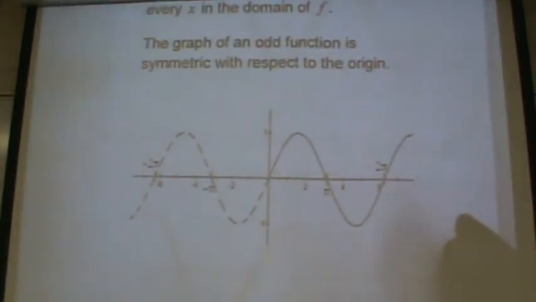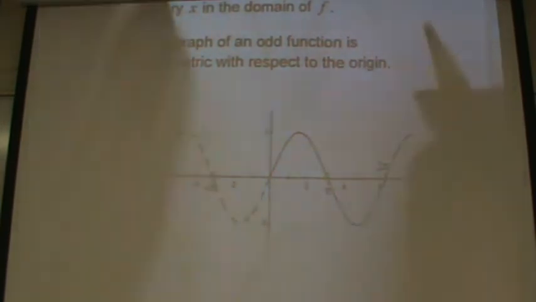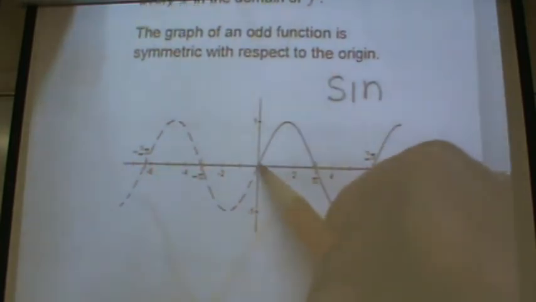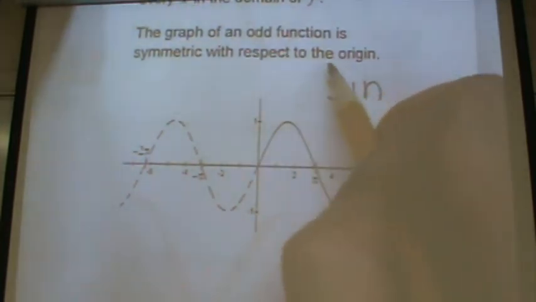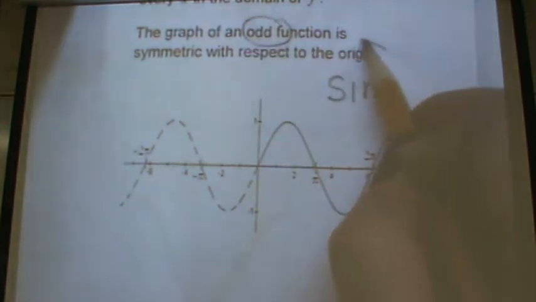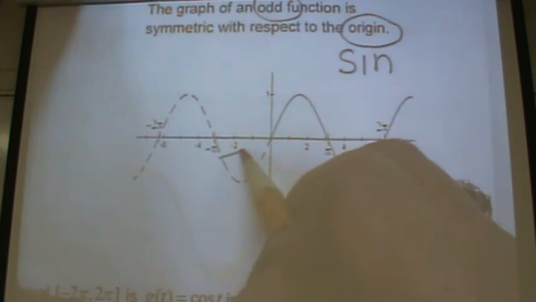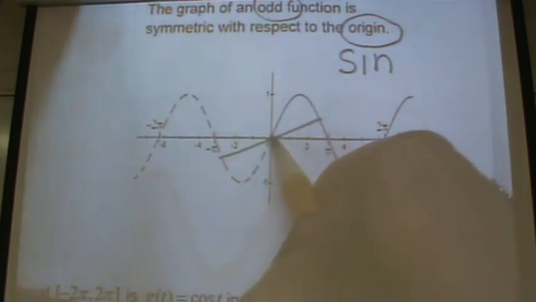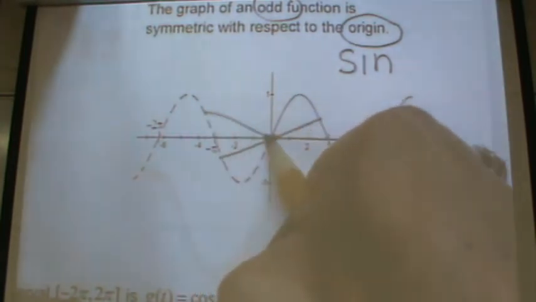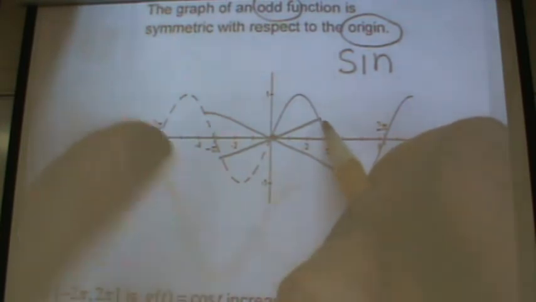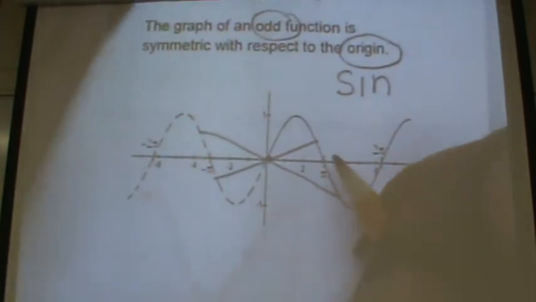What curve is odd? What curve is this? This is the sine curve. This has symmetry to the origin. It's an odd function; remember, origin and odd mean the same thing. How do I know? You draw a line through the origin. These are going to be equal, and also the points are going to be opposite points.